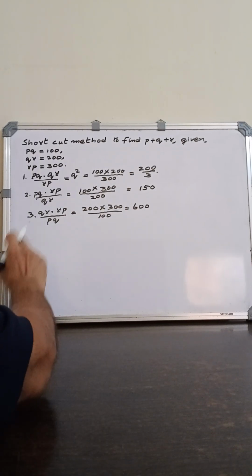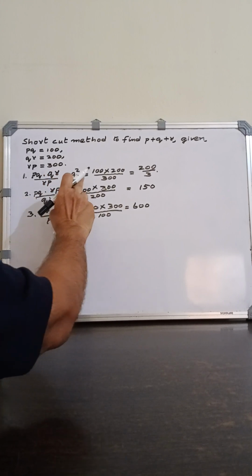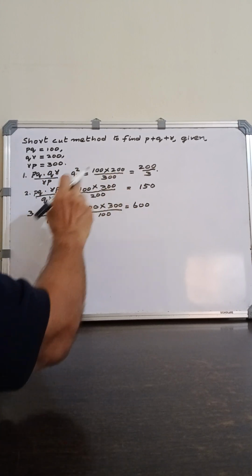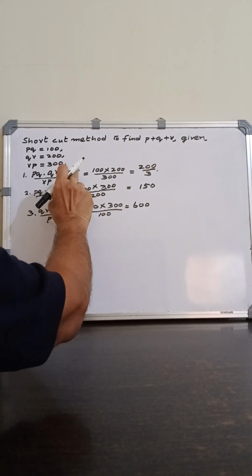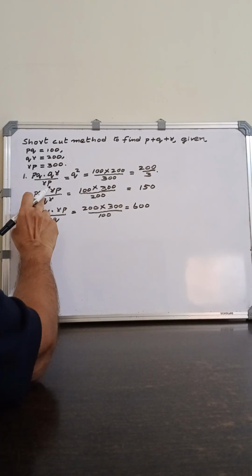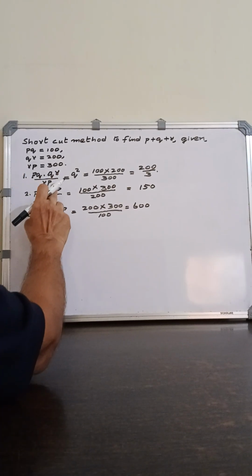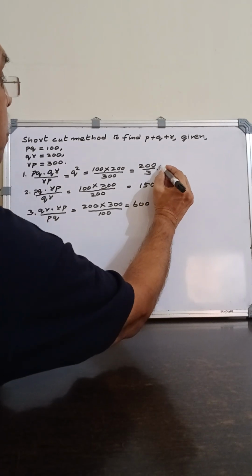Thus we get q squared equals this one, and this one. From here, this one is q squared. Here, q and q cut, r and r cut, therefore this is q squared.